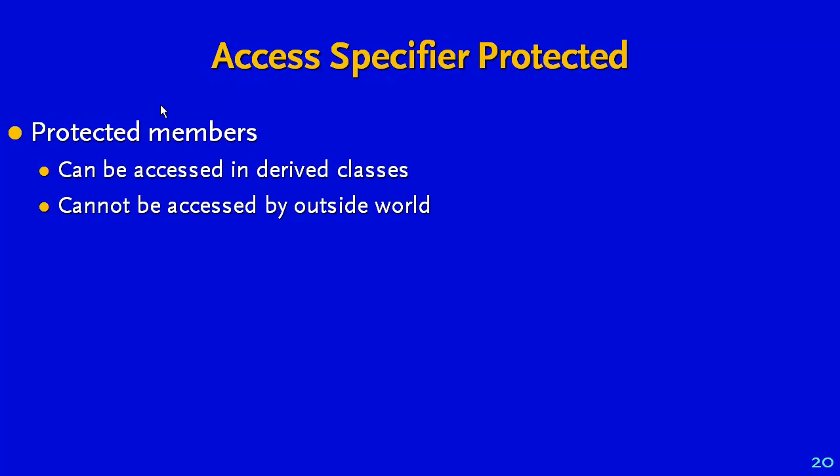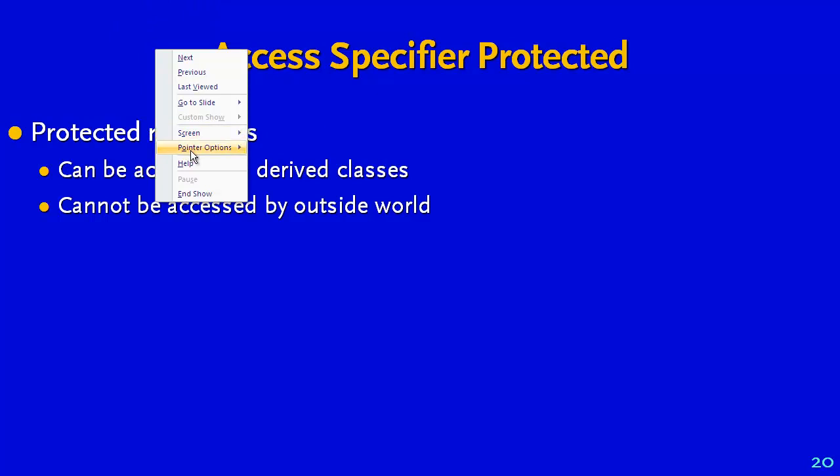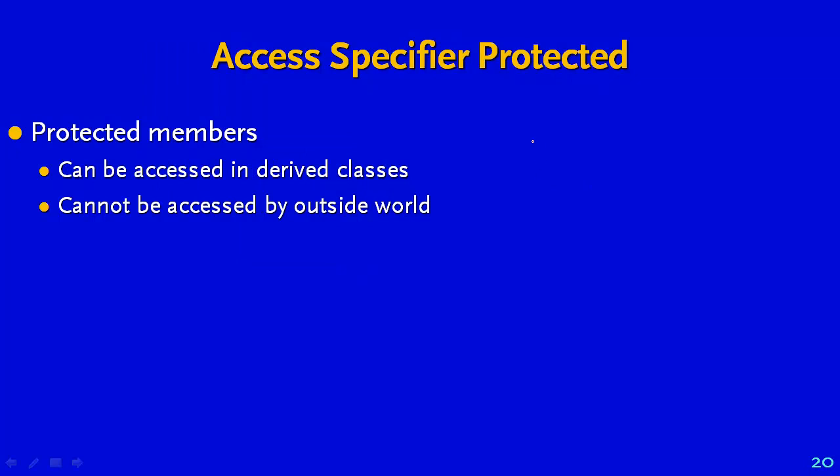In other words, normal outside world classes cannot access protected members, only the public ones. So there are three different regions. Let me draw a diagram here again. Protected can be quite useful.